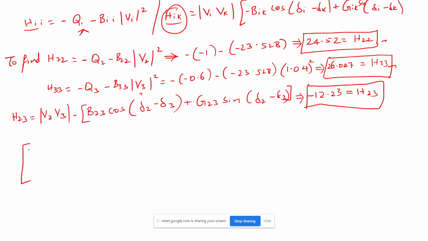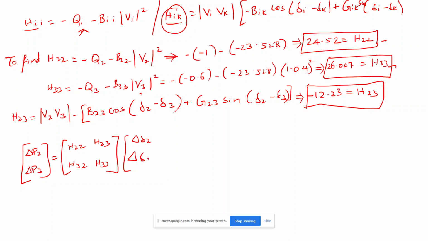So here is nothing but del P2. Tell me the equation, ma. Del P2, here it is del P3 is equal to H22 H23 and then H32 H33, and this will yield del 2 and then this is del 3, right? So tell me the value. What is the del P2 value, ma? 0.73.